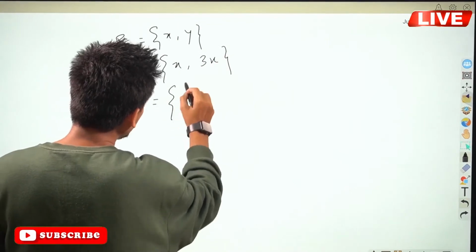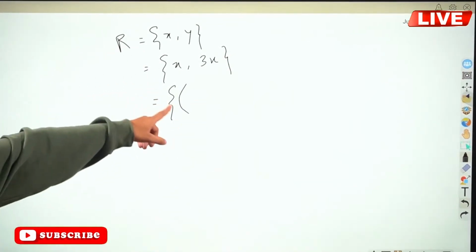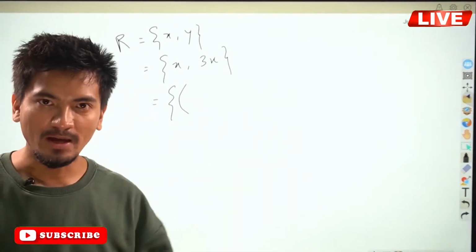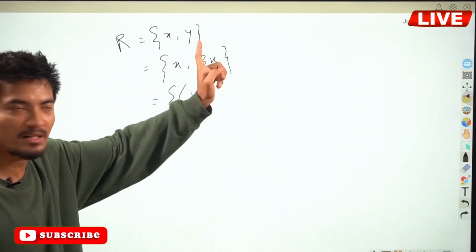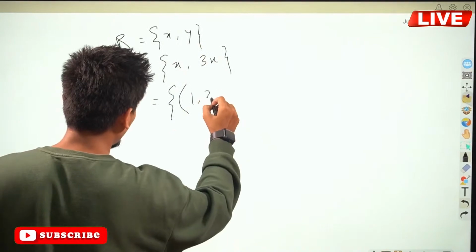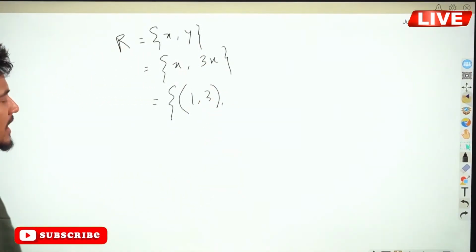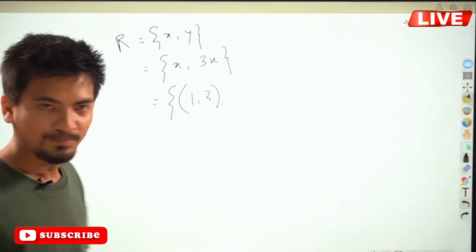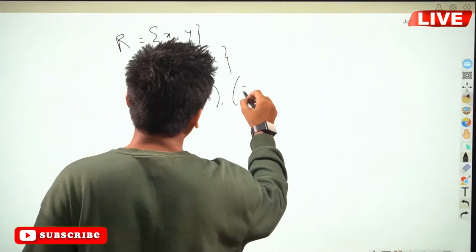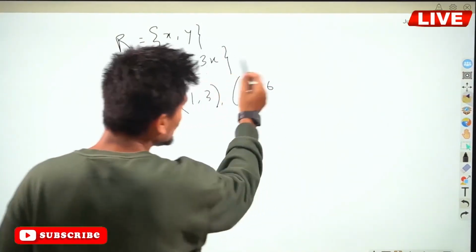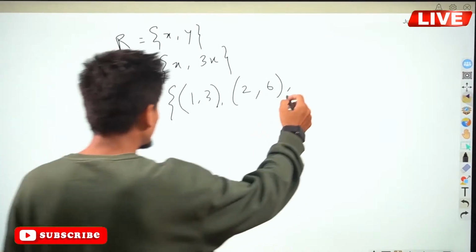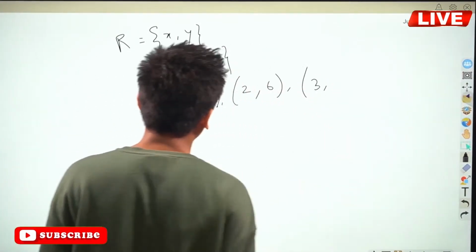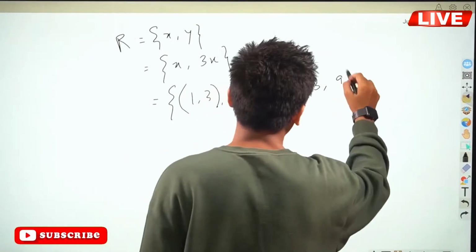Now see, if I take x as 1, then what will be thrice x? That is y, it will be 3, right? If I take x as 2, then what will be y? It will be 3 into 2, that is 6, right? Next, if we take 3, then 3 threes are 9.